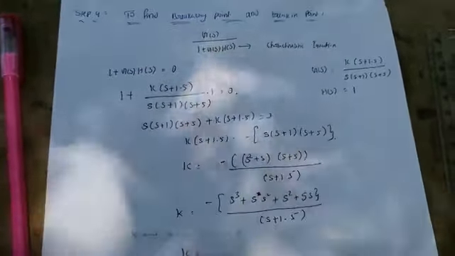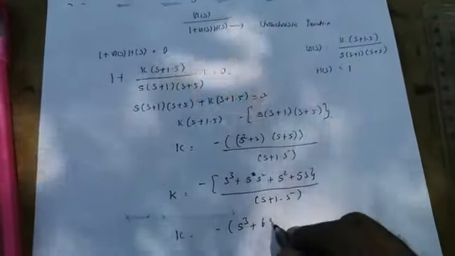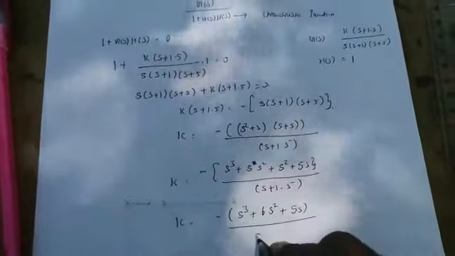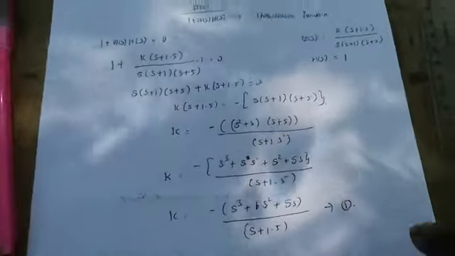So finally K equals minus of (s cubed plus 6s squared plus 5s) divided by (s plus 1.5). Represent this as equation 1.